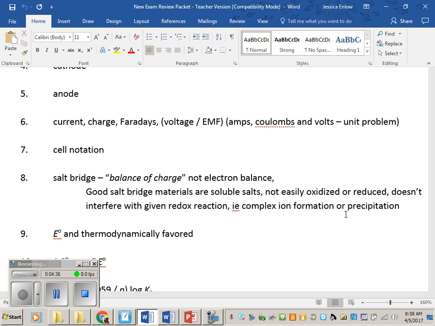And so really, what value of E tells you it's really likely to be reduced? High or low? High. So many times the highest you can go is probably like +2, +3 volts. And that means you are going to be reduced. You will take some of these electrons.